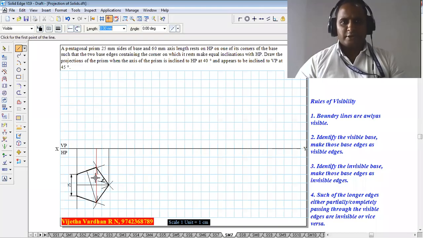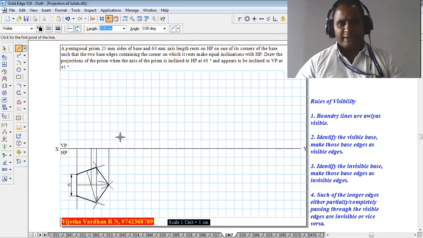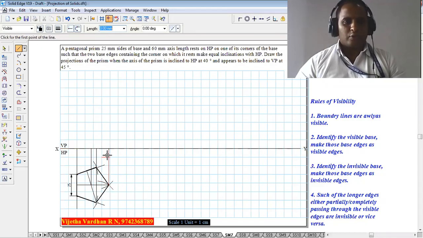After drawing these 2 perpendicular bisectors, the intersection point has to be identified to obtain the axis position, and the axis position will also be drawn on the XY line. Then I am going to draw the namings for each and every corner, which I am going to show you.